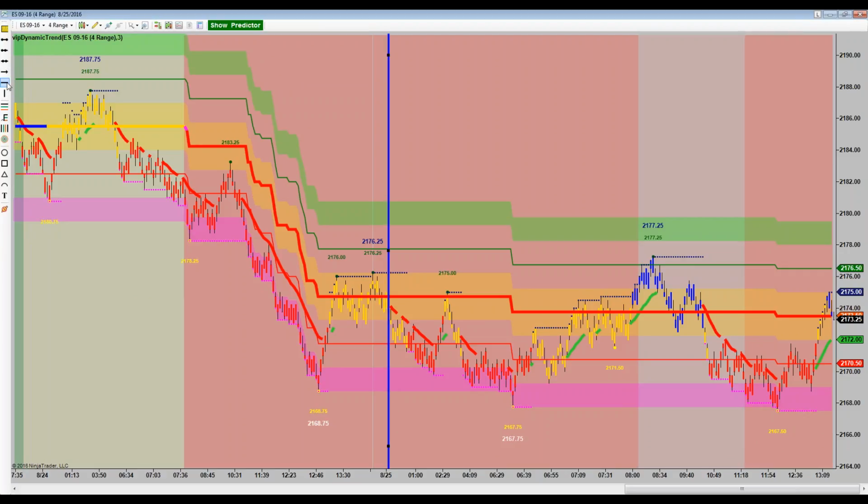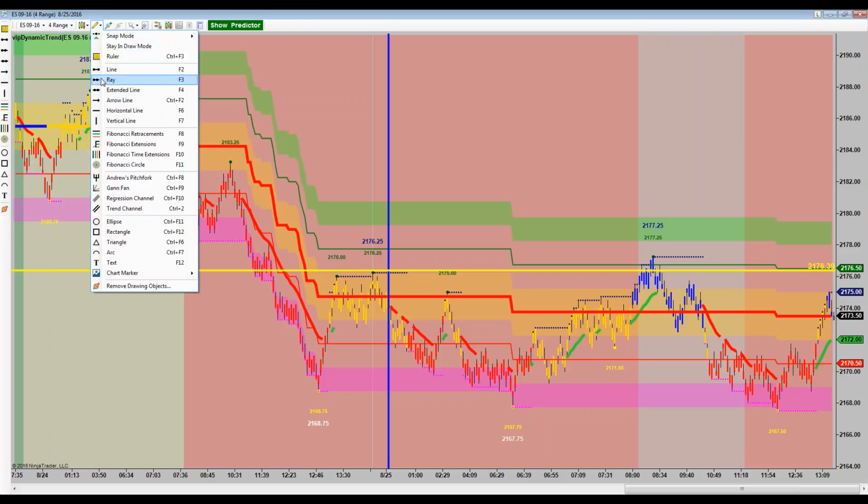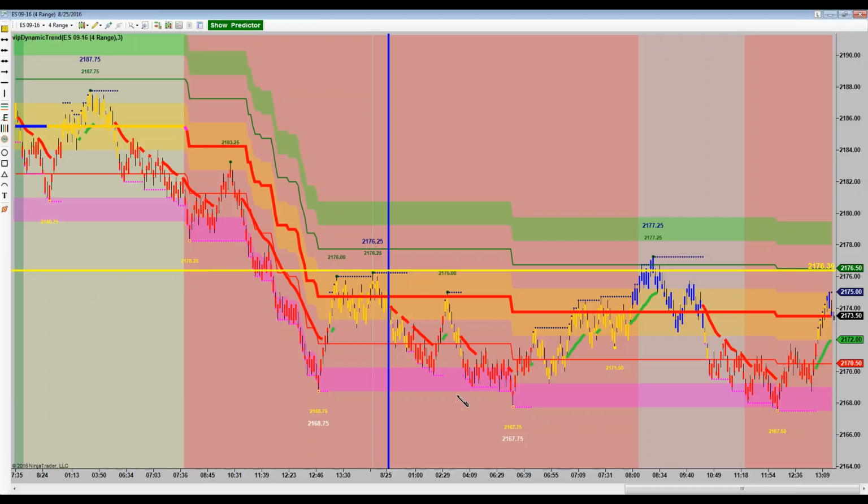Top of the range was here from the pre-market, and even in the trading session, it didn't go much further than that. A couple of wicks above it, and the support in the pre-market was here, and then after the open, it was right here.